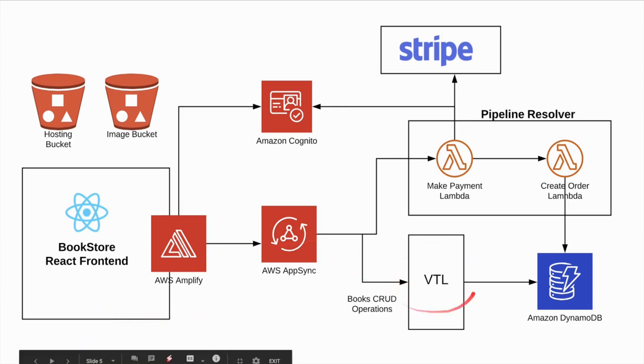Not only the VTL templates, it will also provide all the queries, mutations, and all these front-end resources to connect with our backend without us having to write any of that code.